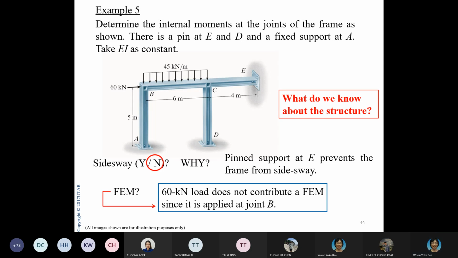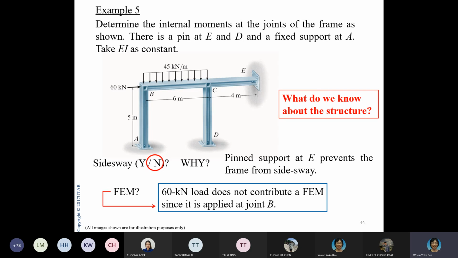One, you must make sure that the frame is properly restrained. And two, you make sure that the loads are symmetrical. Then you have no side sway. Either one. If it is restrained, even if you have non-symmetrical loading, that's okay. It will not sway. But if it is not restrained, and you also have unsymmetrical loading, then definitely it will have a side sway.